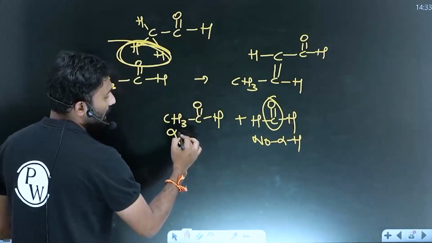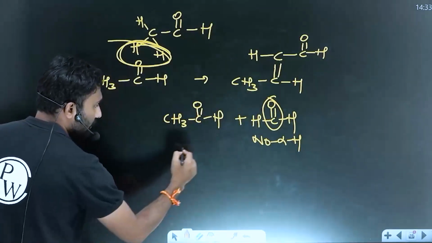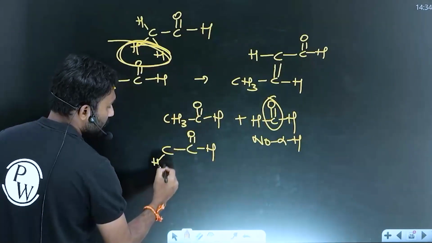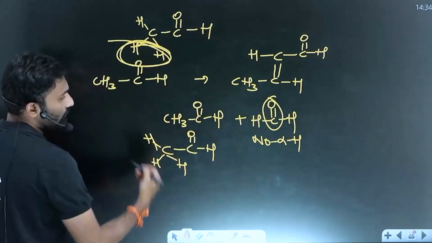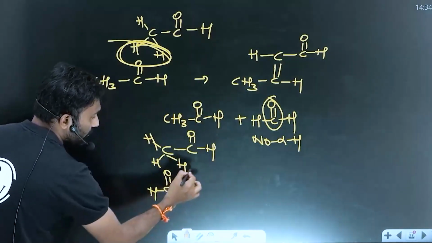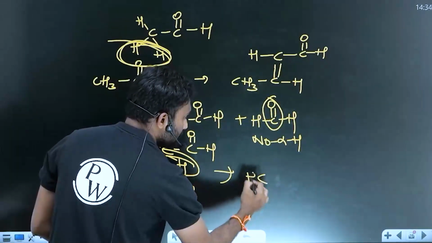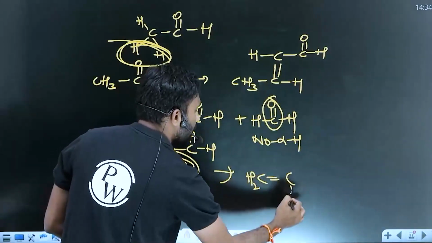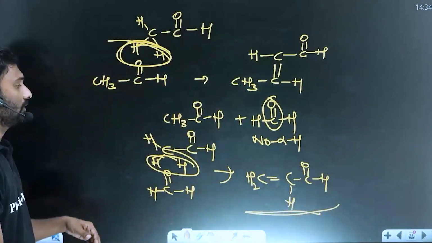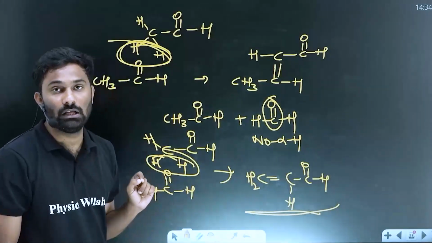This one has alpha hydrogens. Now how will the reaction proceed? Here C double bond H, and here C with hydrogens, and these are alpha hydrogens. Now here in formaldehyde, hydrogen and hydrogen. Now the elimination of a water molecule takes place and we will get CH2 C double bond H, formaldehyde. Now this is the product.